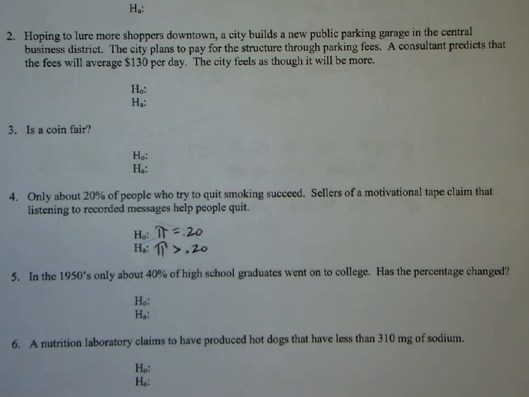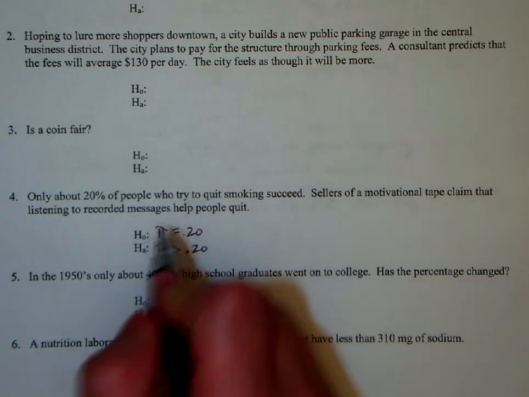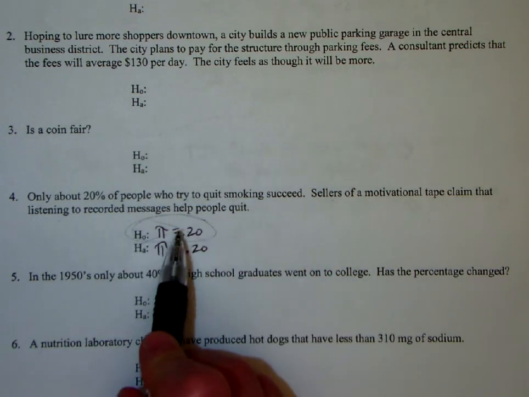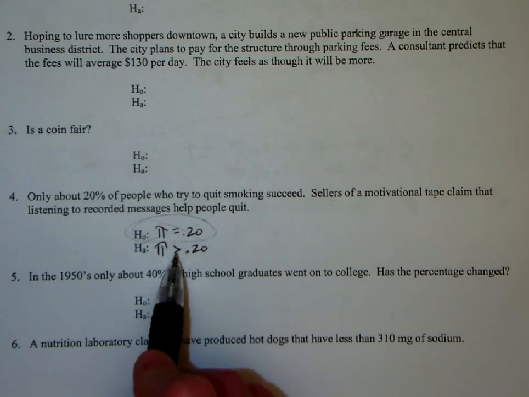A type 2 error is when you fail to reject H0, so you think the motivational tape is not working, while in fact it actually is. The alternative is true, that it does work.